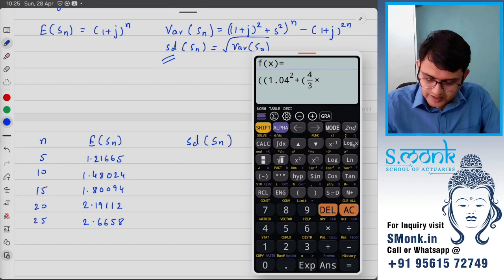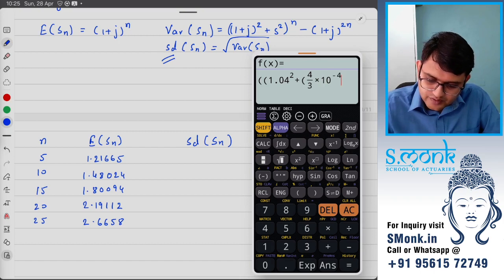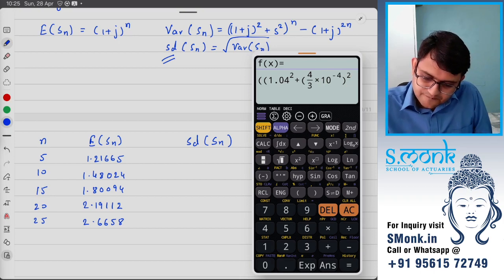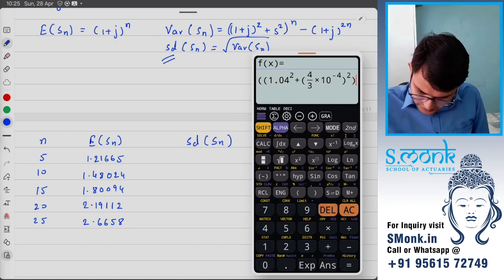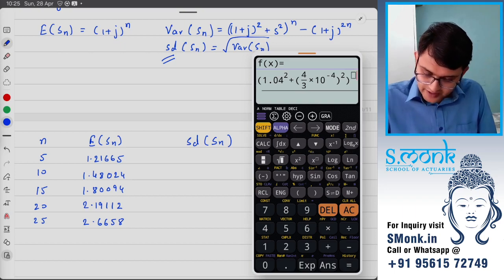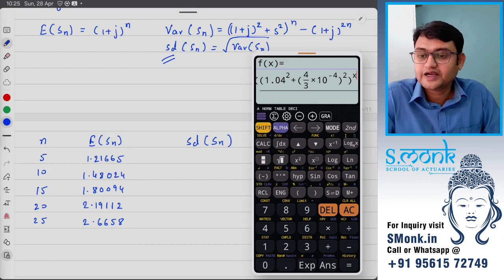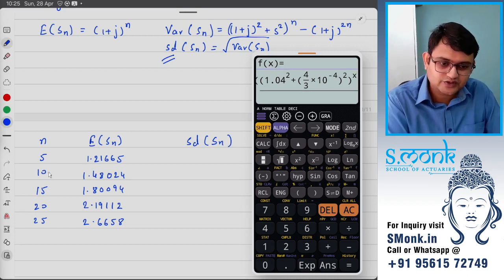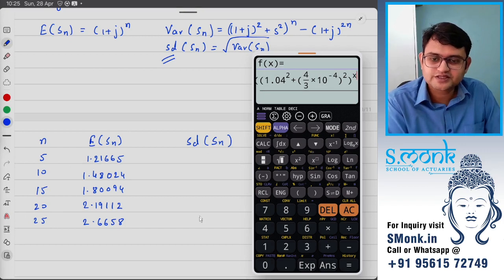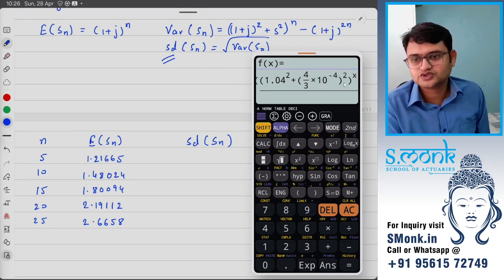Okay, so you can directly do it, but I'll just write 10 raised to minus 4 square, first bracket close, and minus 1.04, sorry, raised to, I'll press alpha and closing bracket. When I press alpha and closing bracket, I get x. Okay, because I want to make this equation in terms of x, and I will change these values of x to directly get these answers. Okay, so raised to x.